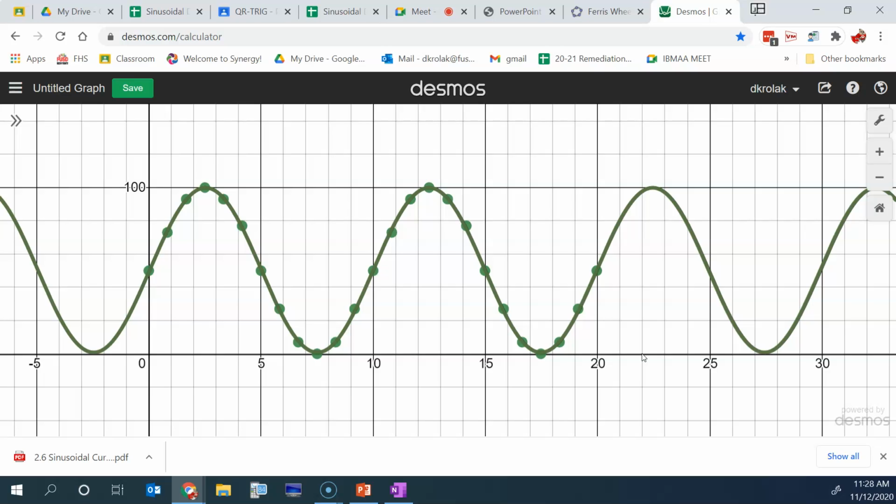Okay. Where would 22 seconds be? Go up there. And, well, let's just do this. Find 22. Go down to the x-axis. Yeah, we did see that right there.